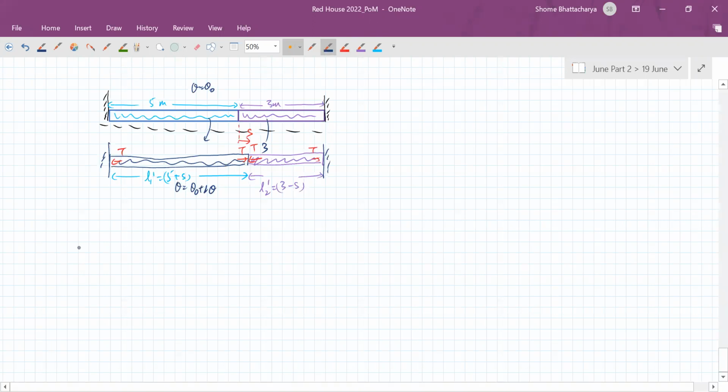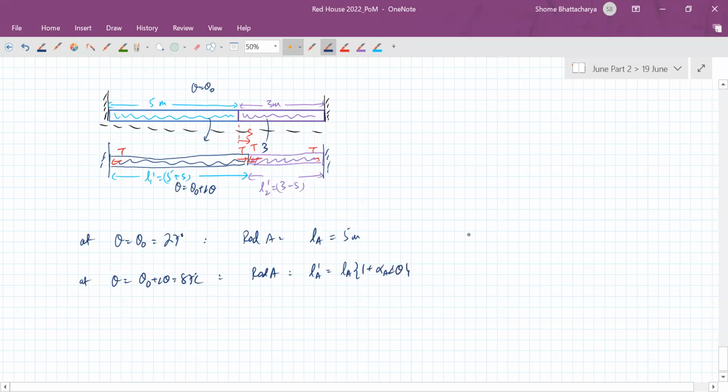So what is happening is that at theta equal to 27 degrees C, rod A has a natural length of 5 meters. At theta equal to 87 degrees C, rod A has a natural length of this much.